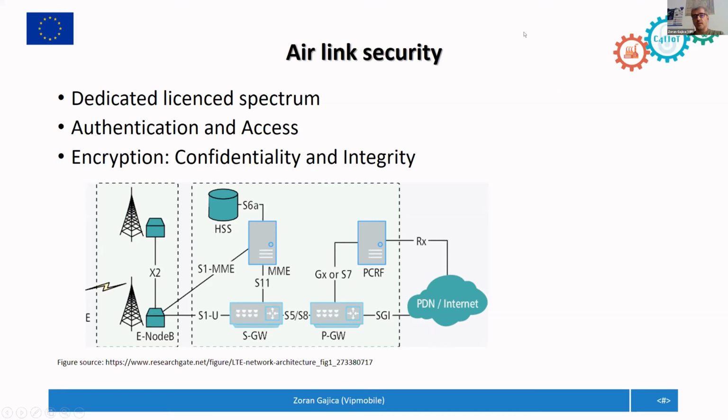What we have in each of our devices is a SIM card, USIM card, that everyone knows what it is. Here we have a stored secret key, and authentication is performed in a way that each side proves that it knows this secret key, so the user equipment and the network.